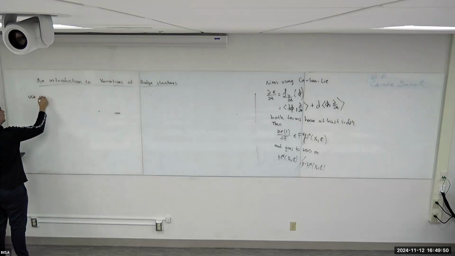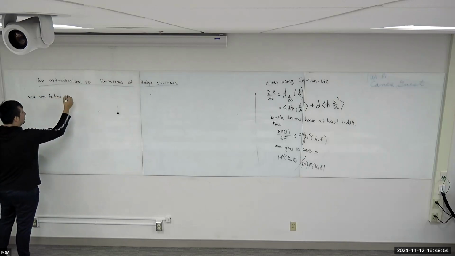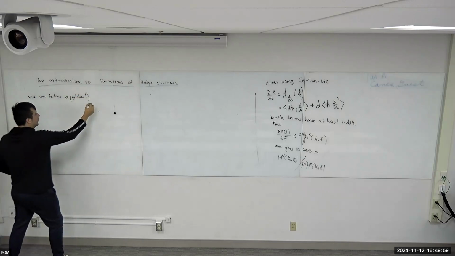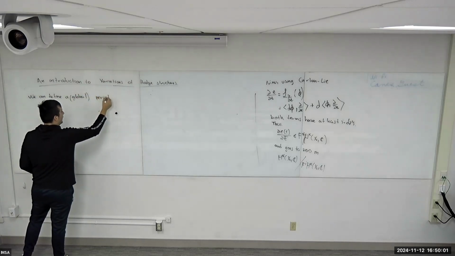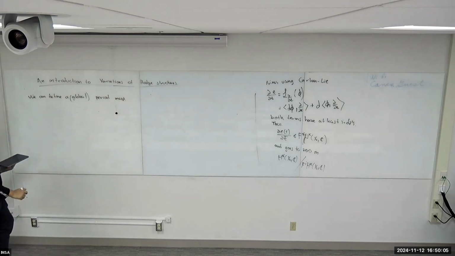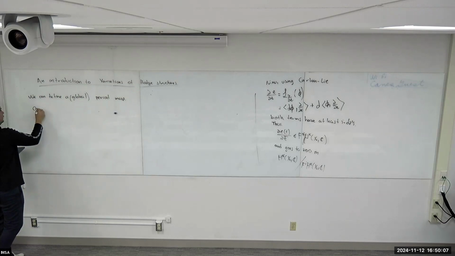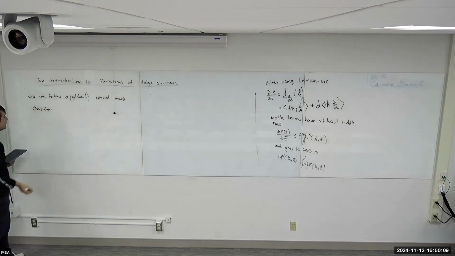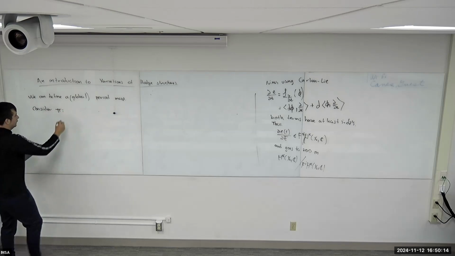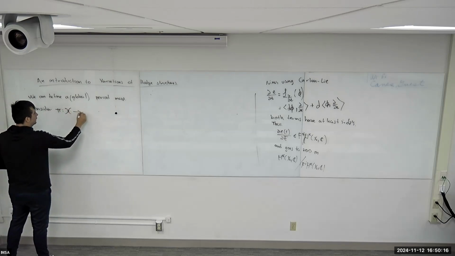So we can define, let's say global, but we don't really use this terminology, a global period map. So now we will consider the same as before. Just I will change D by a quasi-projective variety.